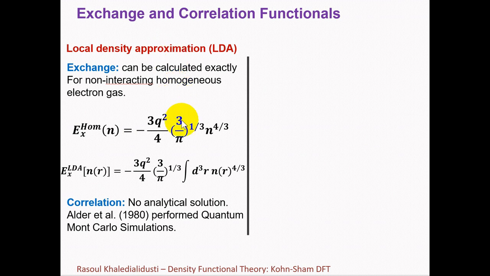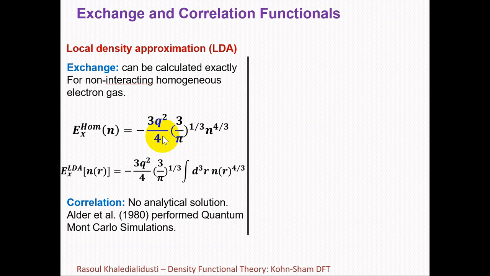LDA considers the exchange and correlation by two different terms, the exchange term and the correlation term. For the exchange term, there is an exact equation for homogeneous non-interacting electron gas, and we have an analytical solution for that.